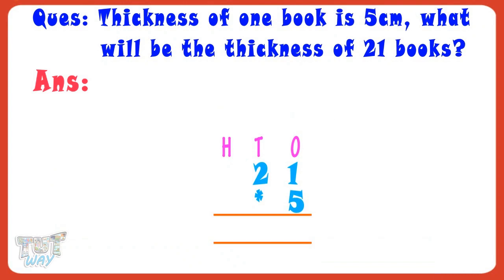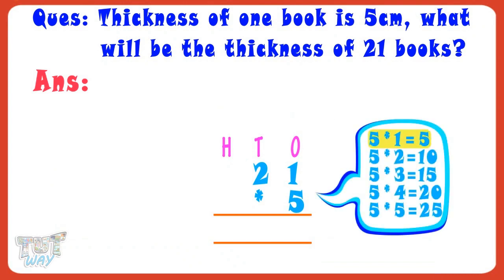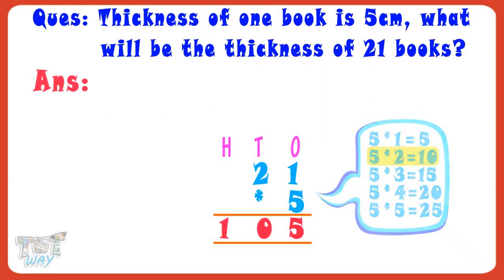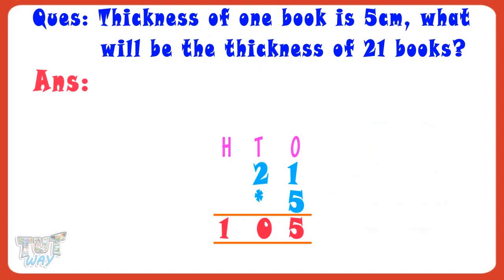What is 5 multiplied by 1? It is 5. So write 5 in the answer at ones place. Now, what is 5 multiplied by 2? It is 10. So write 10 in the answer. So our answer is 105.